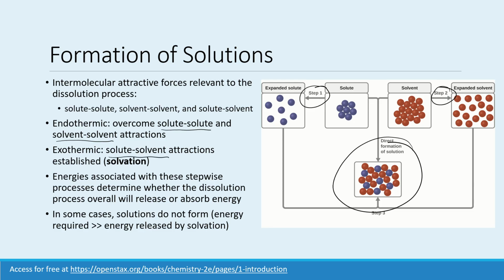The endothermic processes would be larger than the exothermic processes. Now, if those endothermic processes are too strong, if there's too much energy required to overcome them, then you may not have a solution form at all, right? If the energy required is significantly greater than the energy released, then you're not going to have a solution form.